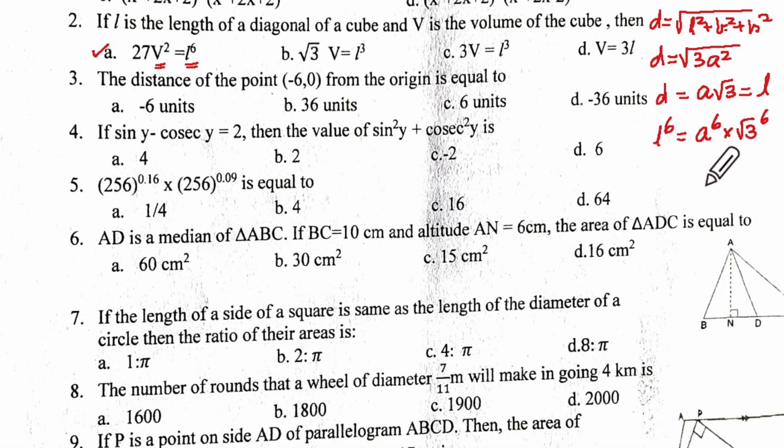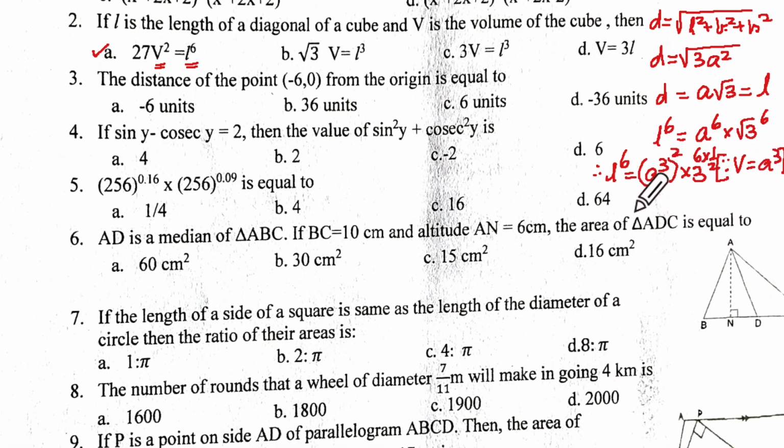V is equal to A cube, correct? L into B into H means A into A into A. So therefore L to the power 6 will become A to the power 6, means A cube squared, correct? Multiplied by this 3 to the power 6 multiplied by square root means half. You can write like this also.